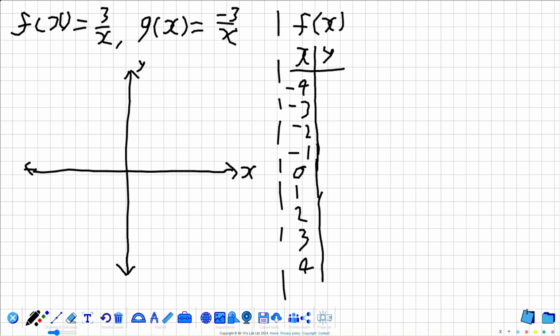Then you can use a calculator for this, or if it's a pretty easy scenario, you can do it in your head.